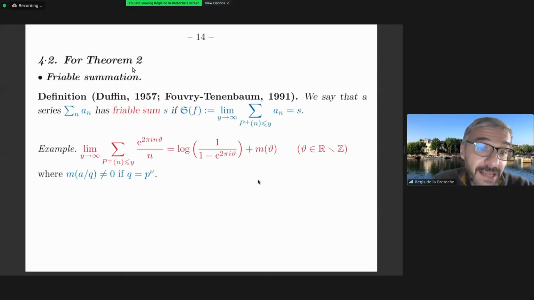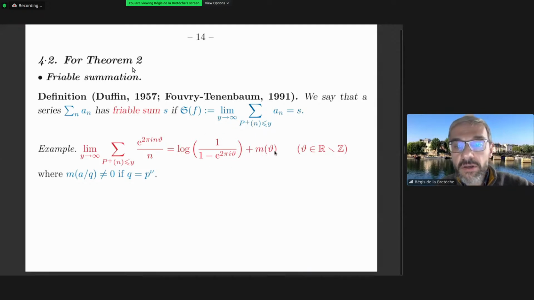There is a very nice example. If you have never seen such a summation, you can look at the summation over exponential of 2 pi i n theta over n. So we get what we expect plus a term m of theta, which is non-zero for some rationals, for a over q, when q is a power of a prime.